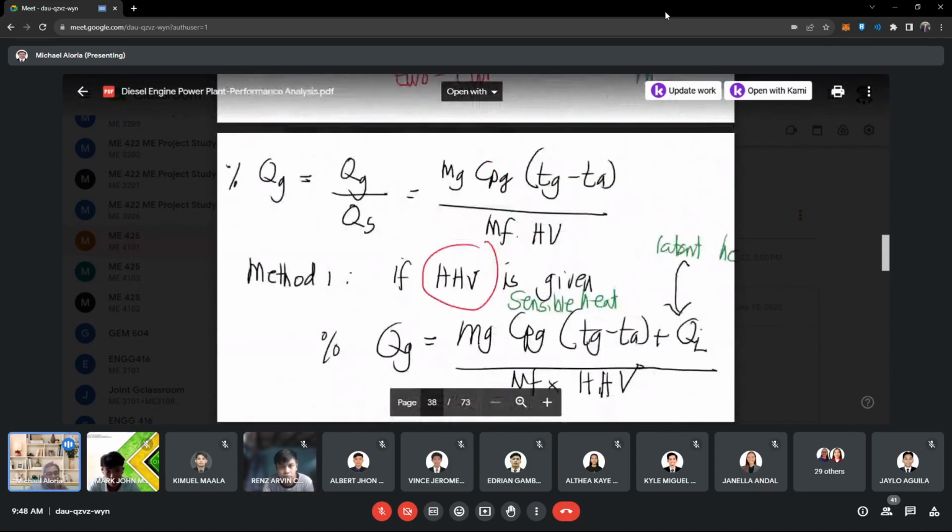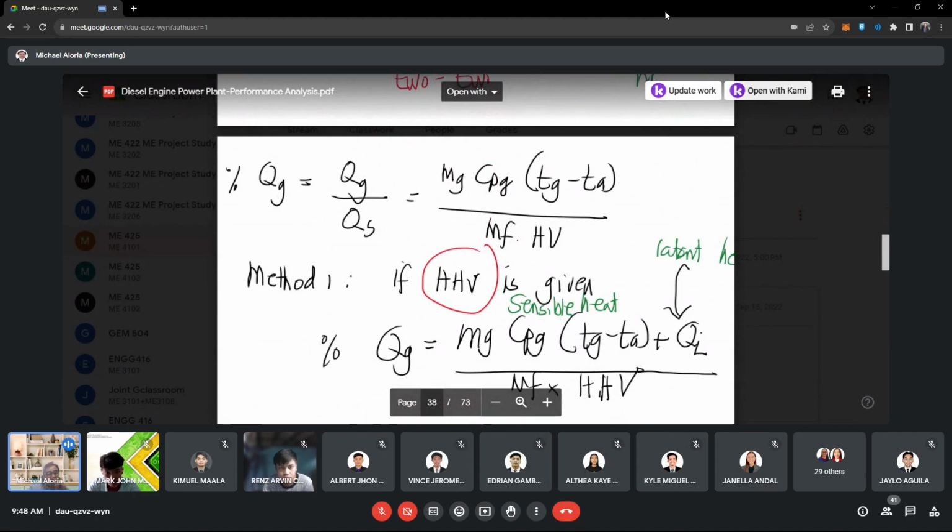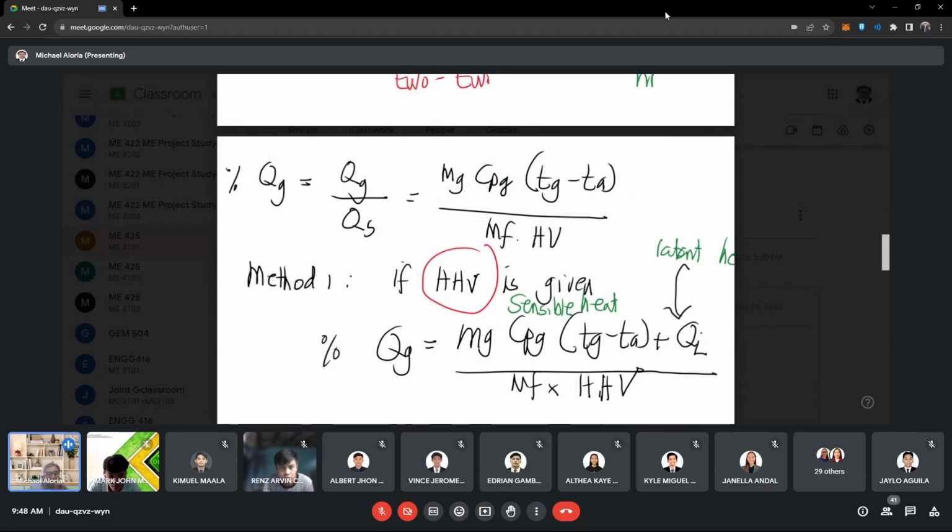Okay? Another thing, temperature ng ating exhaust gas, syempre, mataas siya kasi nagkaroon siya ng combustion process. Ito yung exhaust gas natin. And then, meron tayong air temperature or ambient temperature, or room temperature. So, TG minus TA. Then, heat supplied again is MFHB.